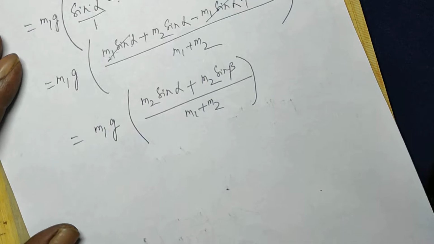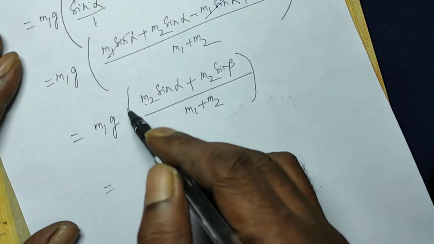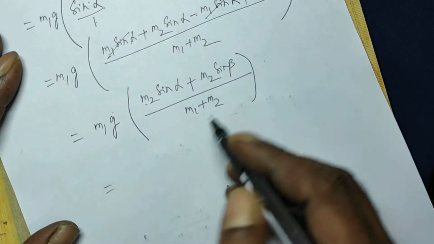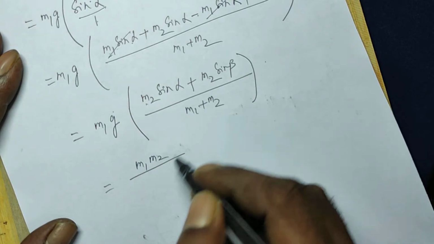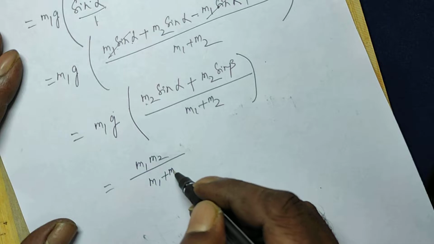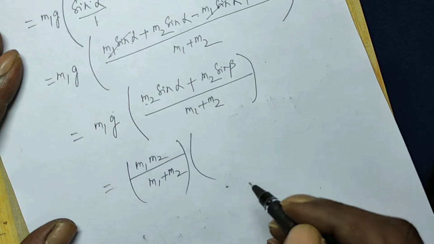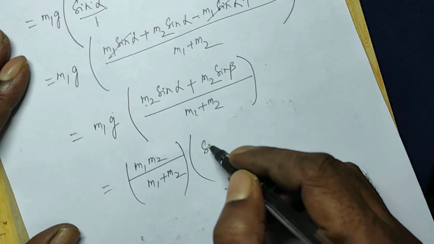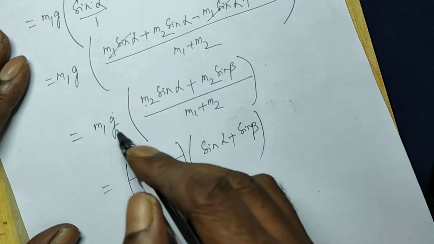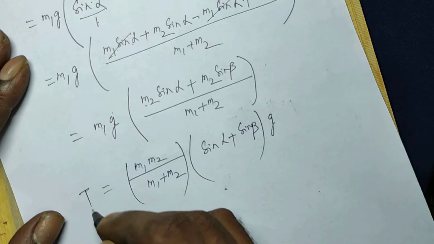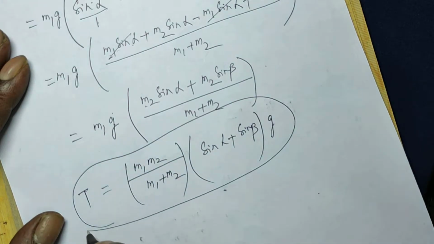Now if I take M2 common and write g on this side, I am left with M1 M2 over M1 plus M2 times sin alpha plus sin beta, and g right here. This is the expression for your T.